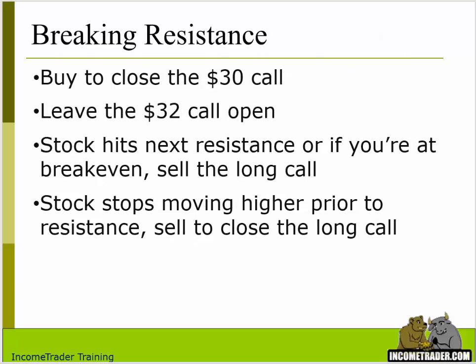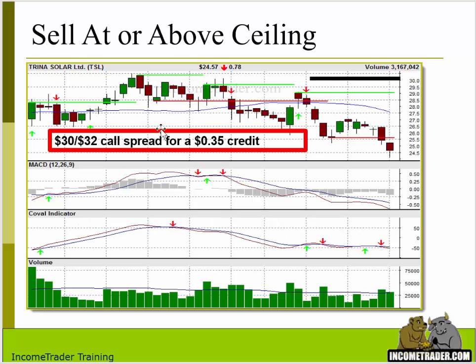Now, if the stock does break a resistance area, you're going to buy to close the $30 call that you had sold to open. So remember, you had sold the $30 call. Let's say for some reason this stock gets a piece of news, it finds the cure for cancer and just skyrockets up.